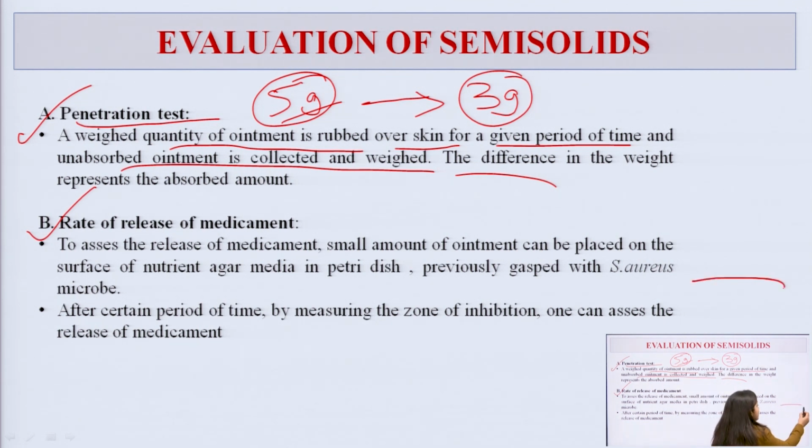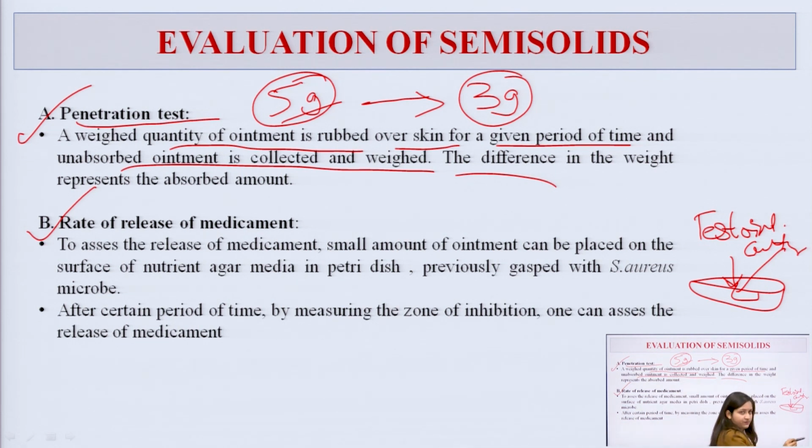For example, if this is a Petri plate and on that we have added our test ointment, and during the addition of the test ointment we have also added our culture of a suitable microorganism, any microorganism. Now, this test ointment contains antimicrobial, or let us say antibacterial, substances.